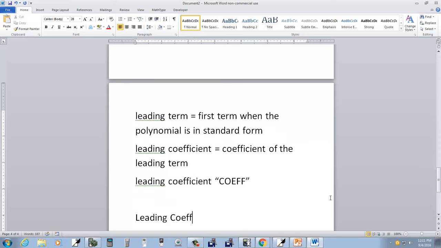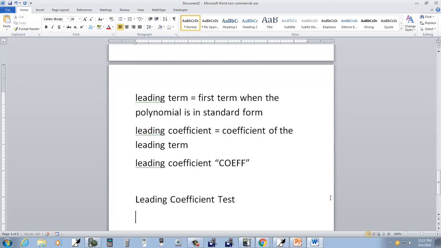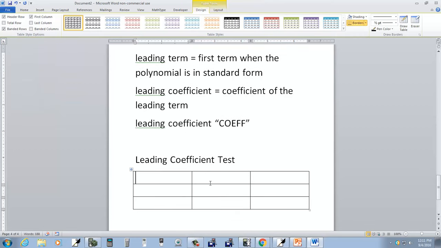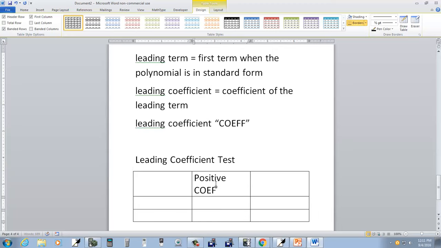We have something called the leading coefficient test. And we have some possibilities here where we have a positive coefficient. We have a negative coefficient. We have an even degree, and we have an odd degree.